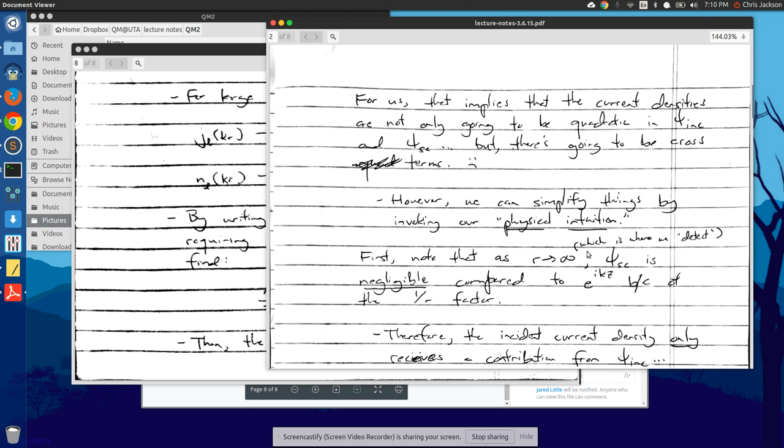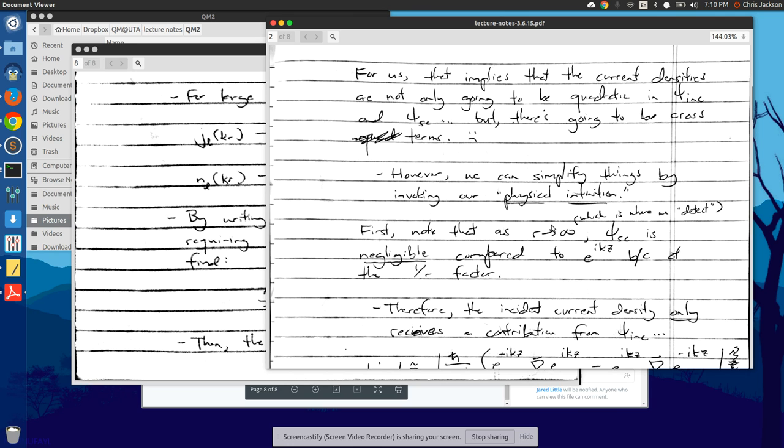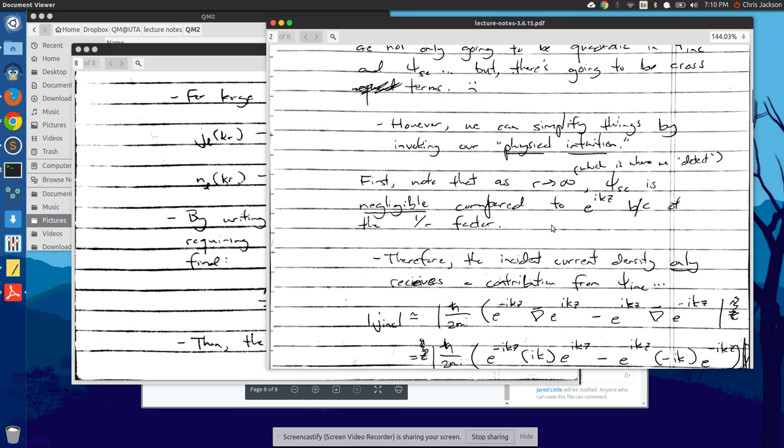The first way we can untangle this mess is to note that as we go back to wherever our particles are being shot out of, you can think of that as taking r goes to infinity. This is a little note to myself: this is where we shoot the particles from, not where we detect them.